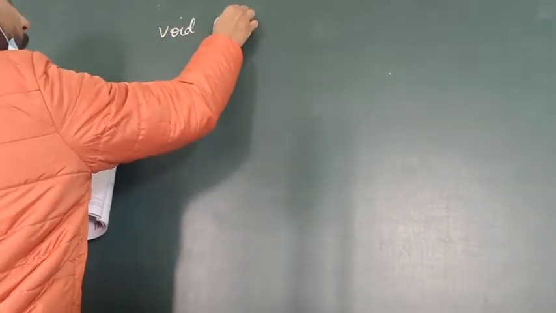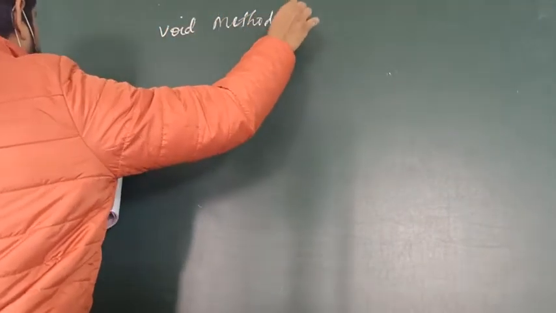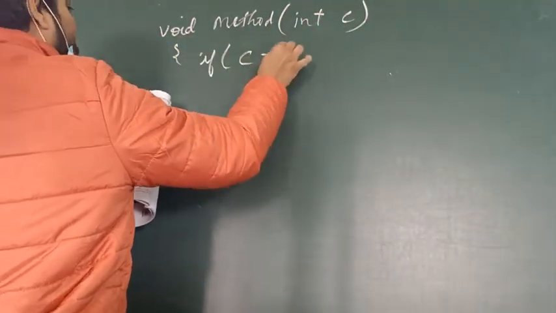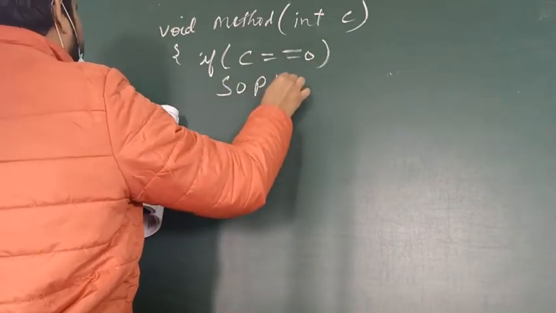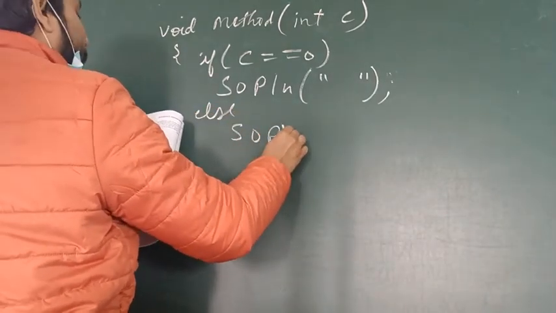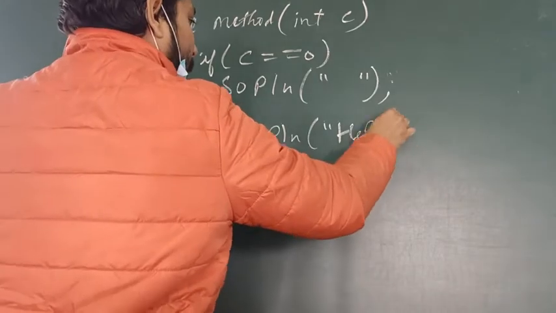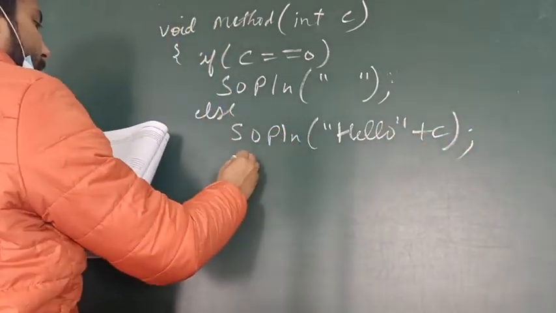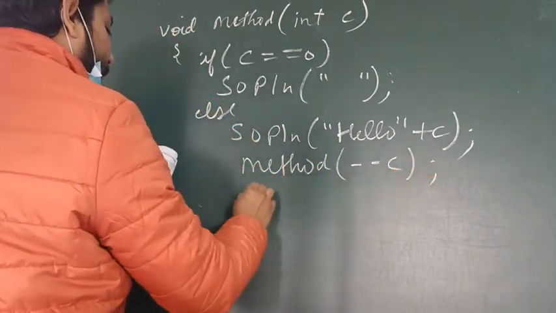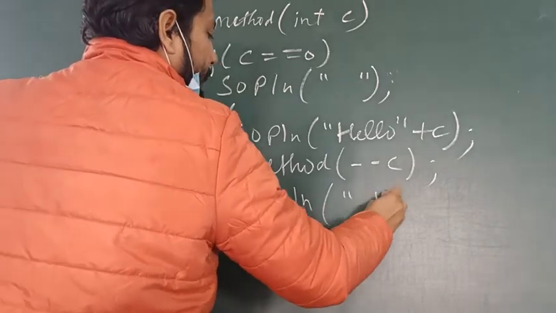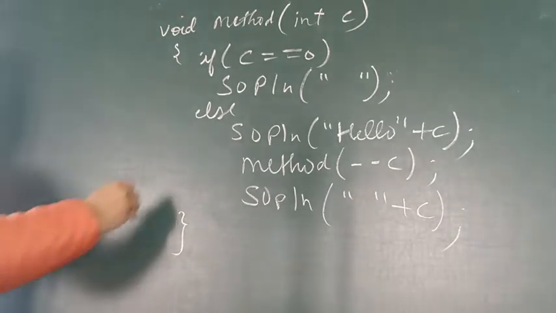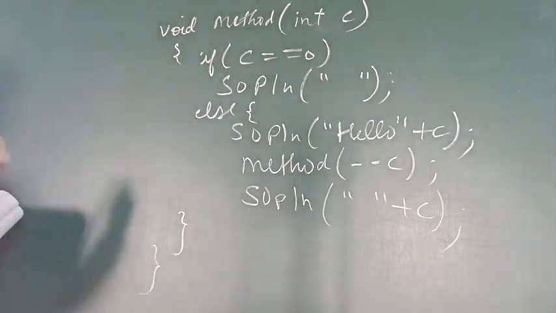Void method, int C. If C equals 0, System.out.println space, else System.out.println hello plus C, and the method minus C, and System.out.println space plus C. Your else is closed here and your method is closed.